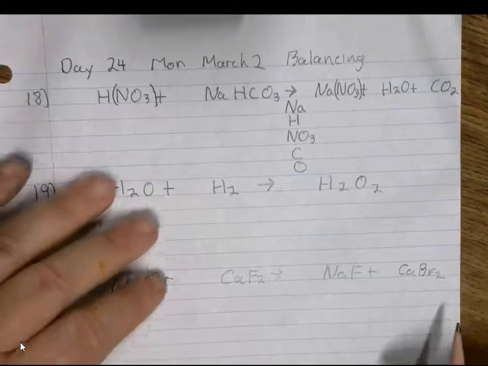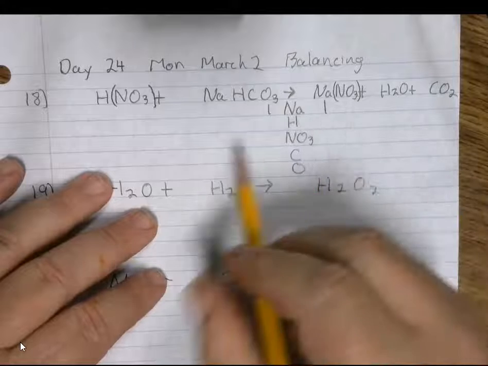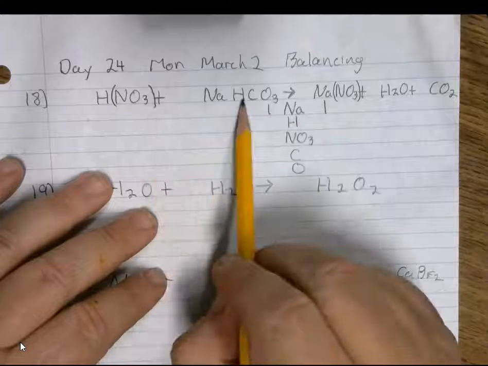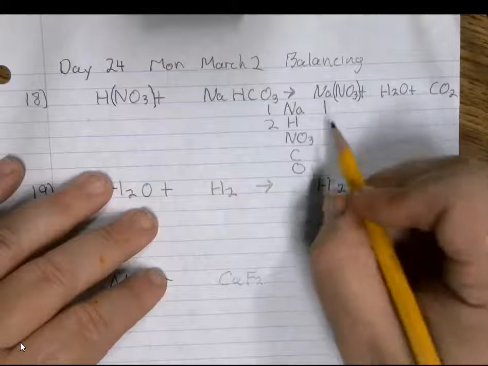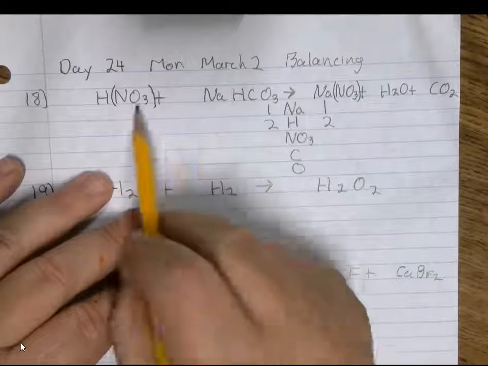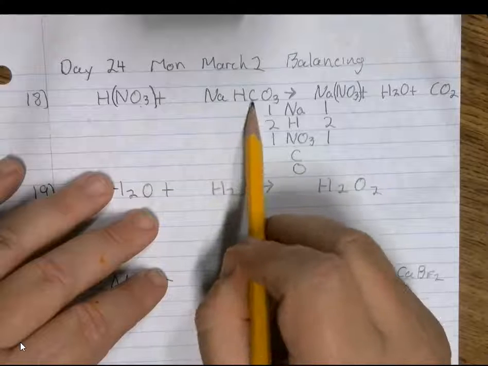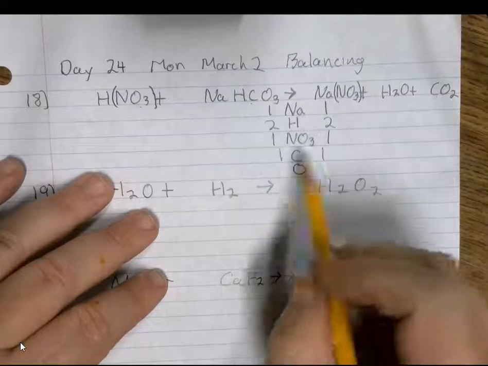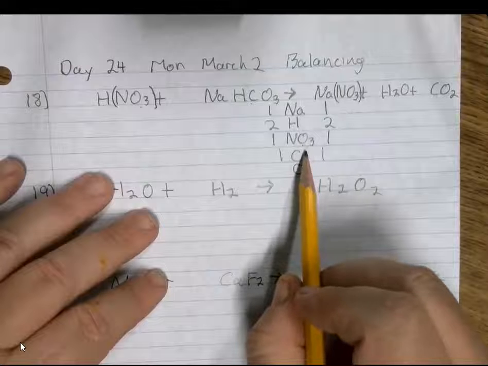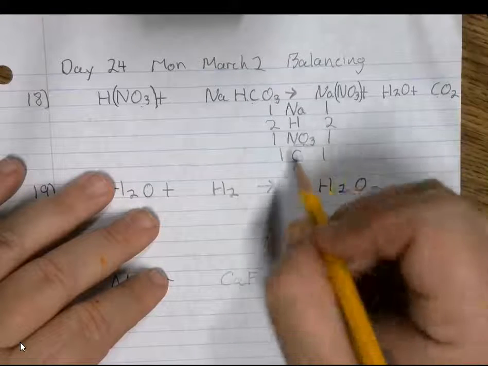Okay, so Na, I have 1 on this side, 1 on this side. H, I have 1, 2 on this side, and I have 2 on this side. The NO3s, I have 1 on each side. Carbon, I have 1 and 1. And the oxygens that are not part of the NO3, because we're treating that like it's its own element, I have O3 here.